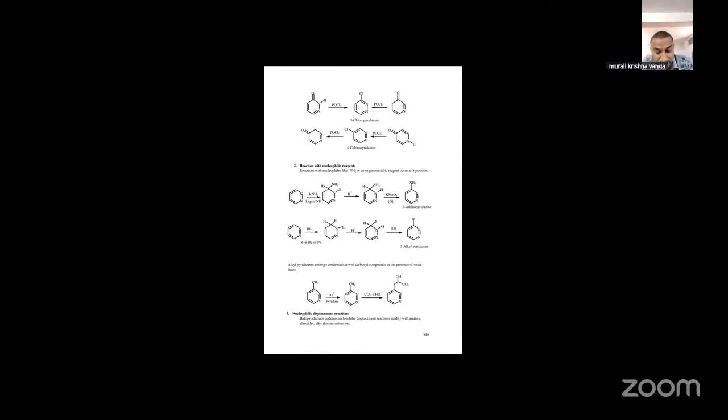Reaction with nucleophilic reagents: nucleophiles like ammonia or organometallic reagents react at the third position.